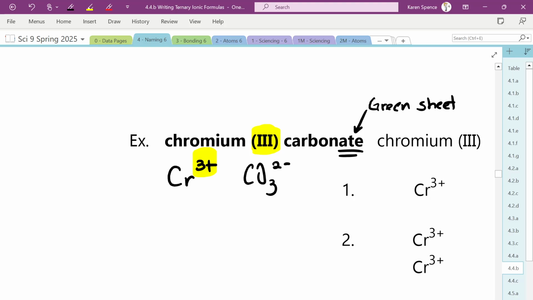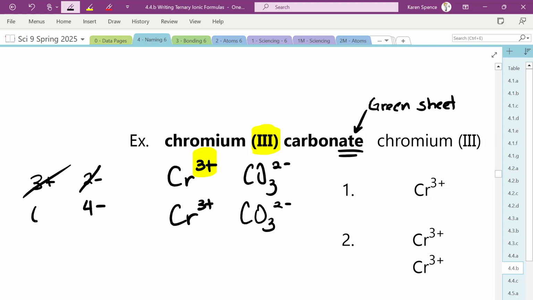Now, right now, I don't have enough negative charge. I've got 3 positive and I've got 2 negative. I need more negative, so I'm going to write another CO3 2 negative. That gives me 4 negative. Uh-oh, now I don't have enough positive. Let's do one more positive, Cr3 plus.